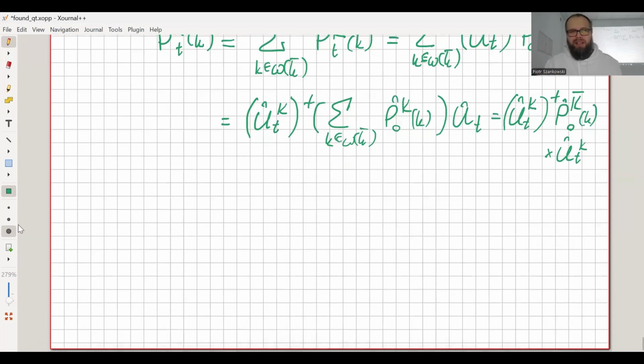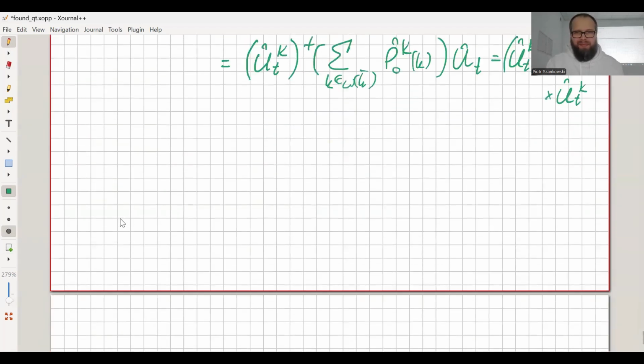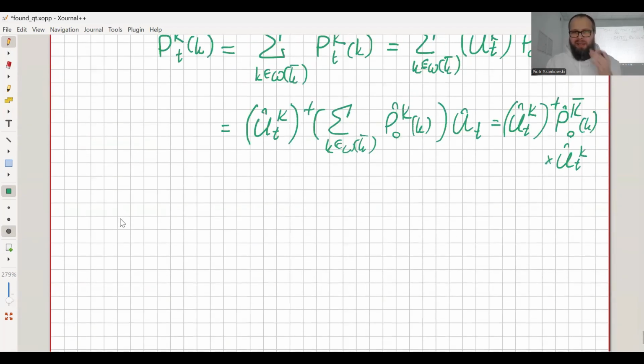But we can go further. We can actually deduce, using the uncertainty relations, one of the last phenomenological observations we made, that this U is actually universal for every observable.